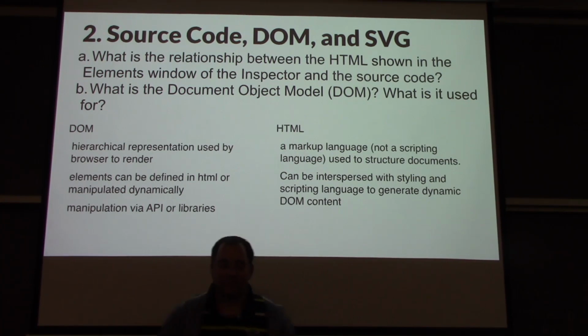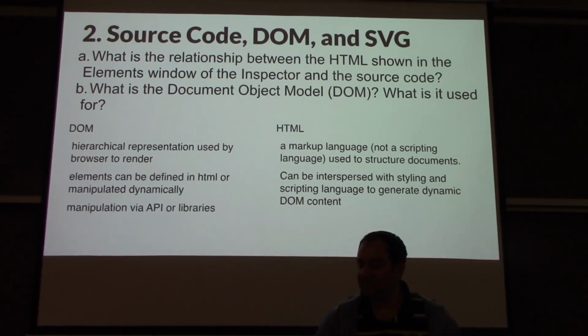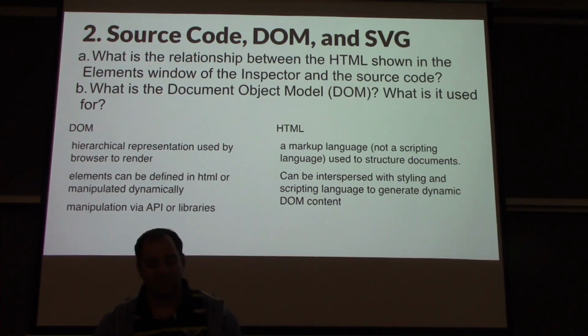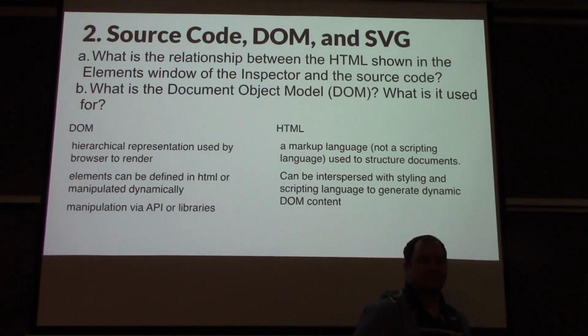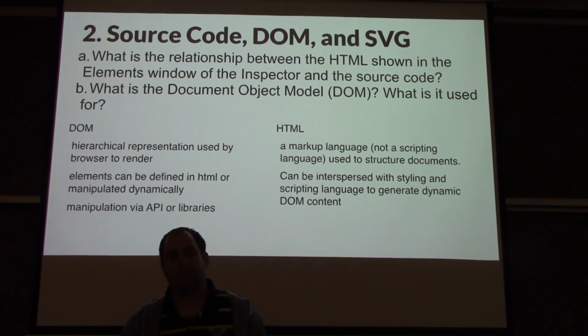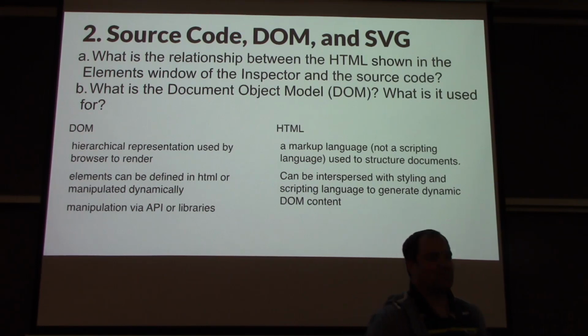The second question was about the relationship between source code and the DOM and SVG. So what is the relationship between the HTML shown in the elements window of the inspector and the source code? So what's the difference between what you see if you go on inspect in the browser and what you have in the code?